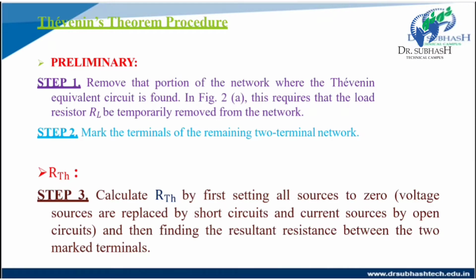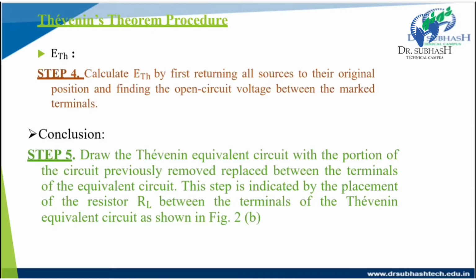So step 3 is very important for calculating RTH by setting all sources to their ideal value: a voltage source as a short circuit means 0 voltage and higher current; a current source will be an open circuit, meaning 0 current and higher voltage, as its ideal condition.